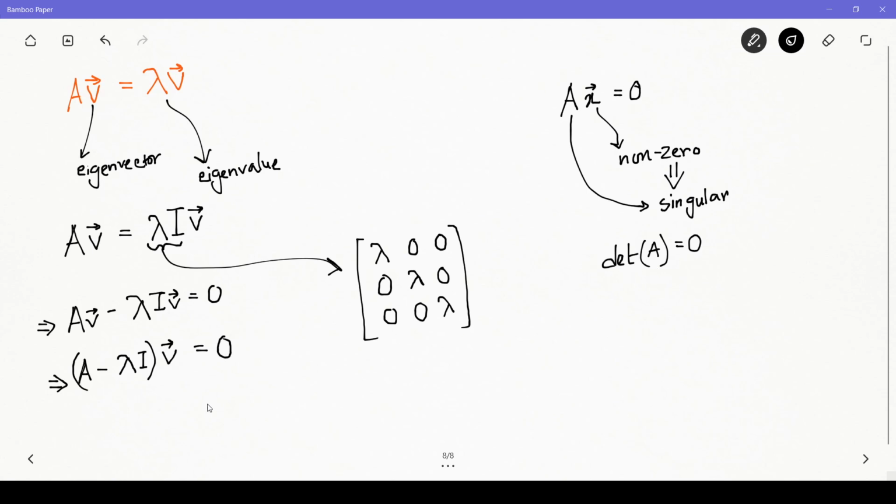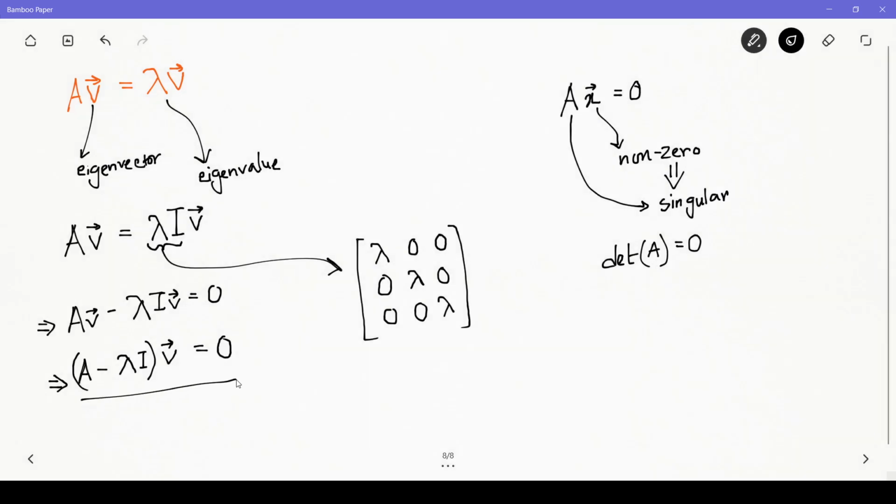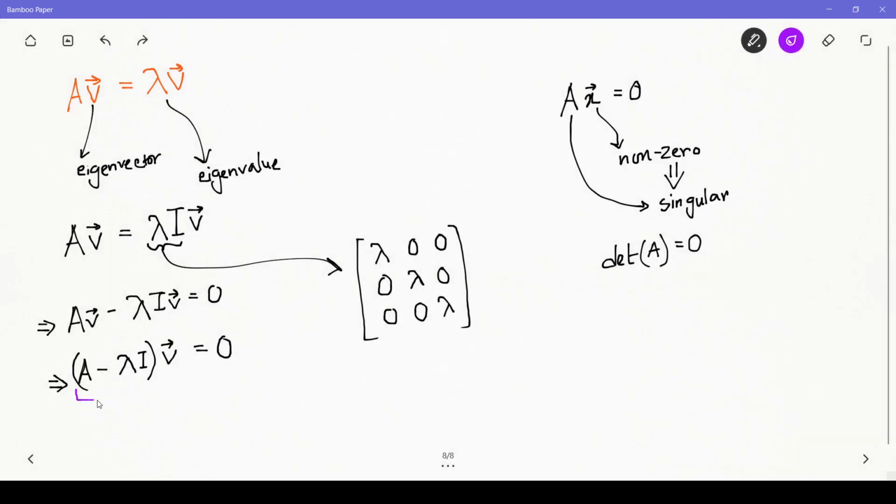Okay. So now that we have this, I would like to shift your attention to this equation over here. We have a particular matrix over here times a particular unknown vector v, and we have 0 on the right hand side, right? So this thing roughly resembles this equation right here, right?